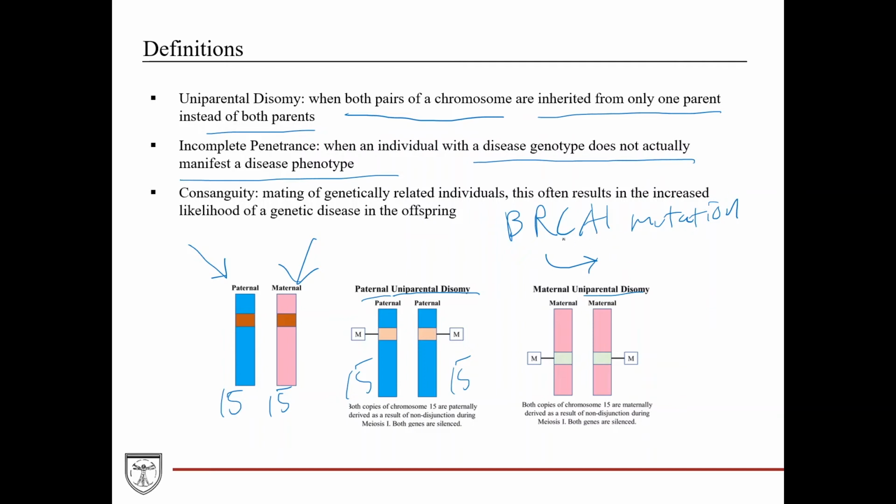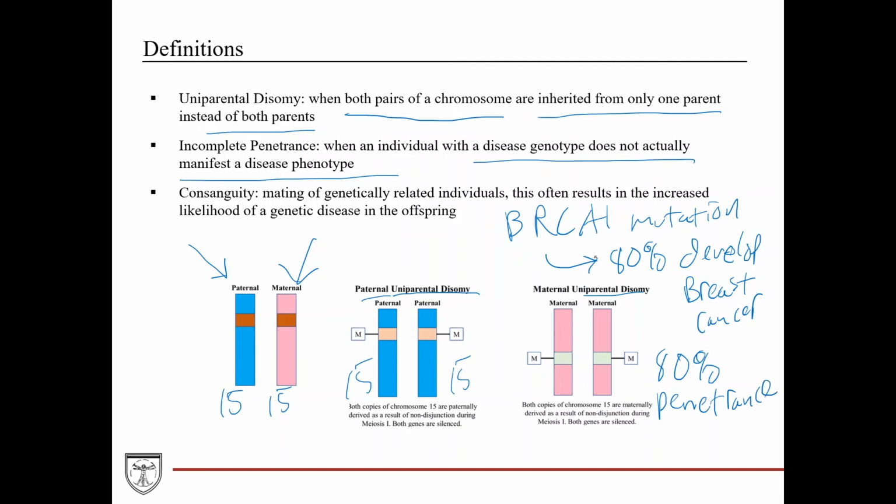What they've found is that actually 80% of patients with this mutation develop breast cancer. And so what that means is that this mutation has an 80% penetrance, because 80% of the patients with it end up going on to develop the disease. So 20% of patients with this mutation do not manifest the disease at all. And so that's an example of incomplete penetrance. Complete penetrance would be where 100% of people that have this mutation develop this disease.